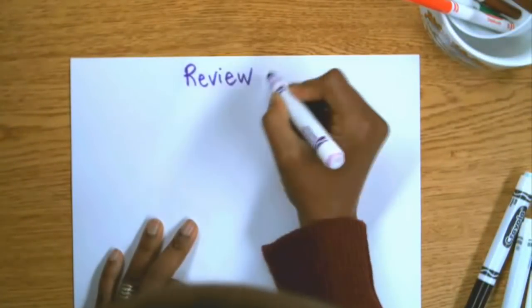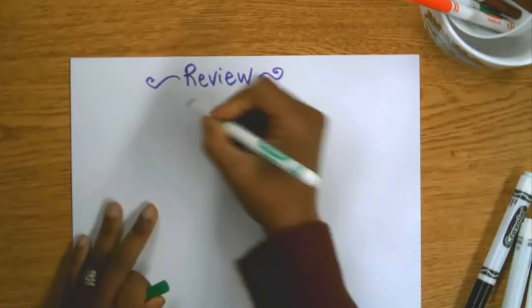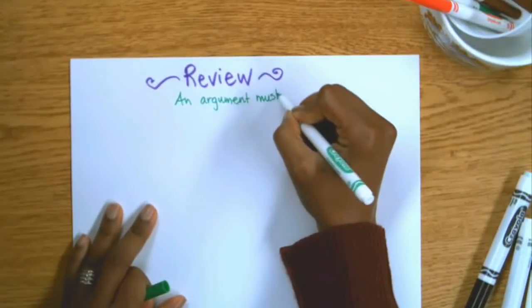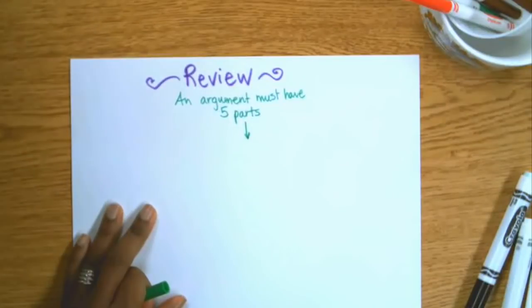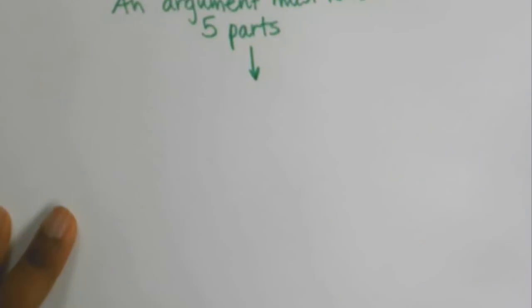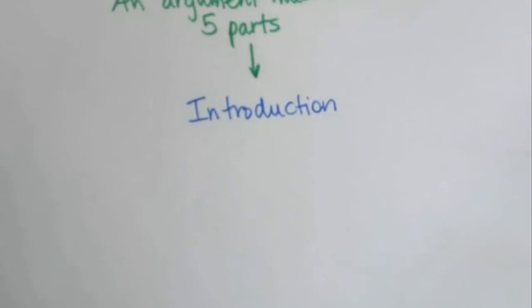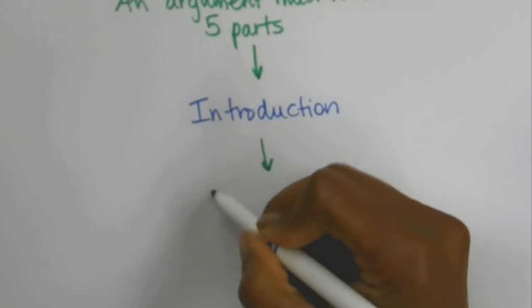So let's review everything. An argument must have 5 basic parts. You're going to start off with a good introduction with your hook and your thesis statement. Moving on, you're going to make sure you have 2 to 3 claims. Each one of those claims would turn into a claim paragraph.